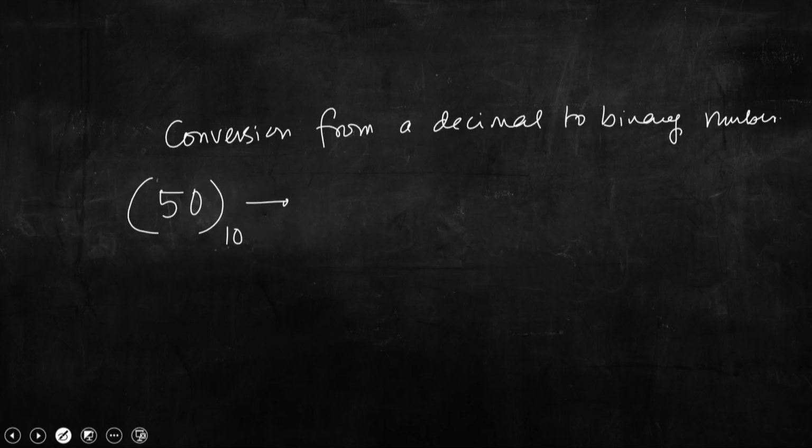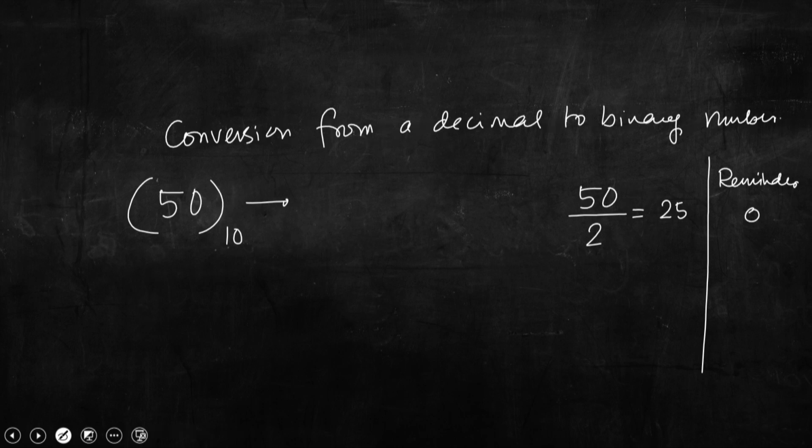If we write 50, we divide it by 2 and get 25, with remainder 0. Then 25 by 2 is 12, remainder 1.